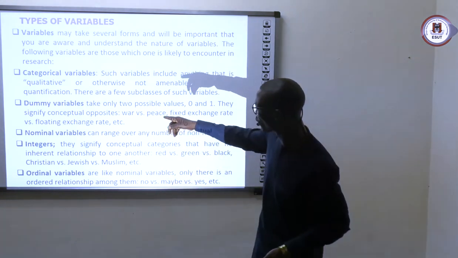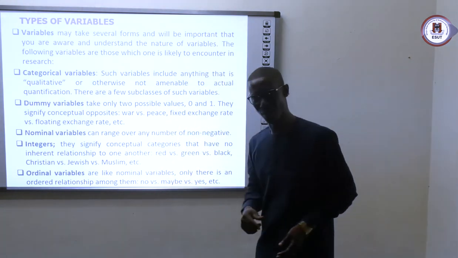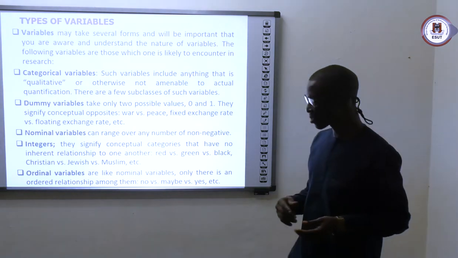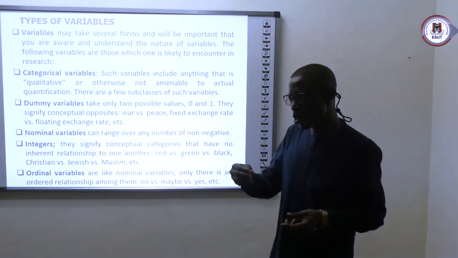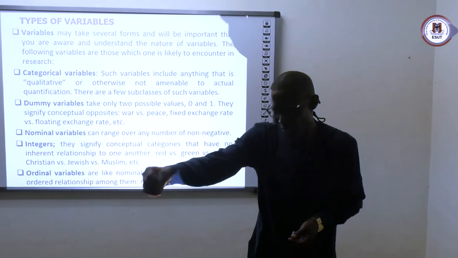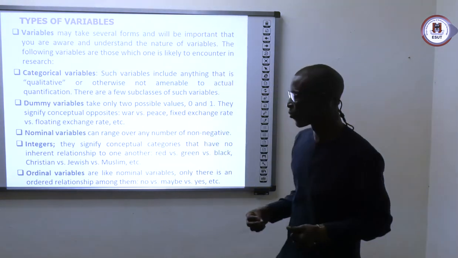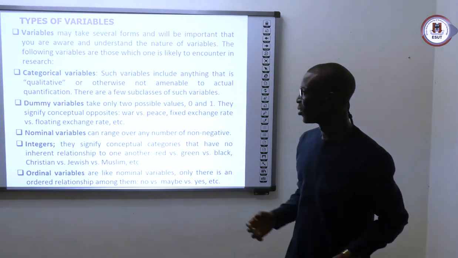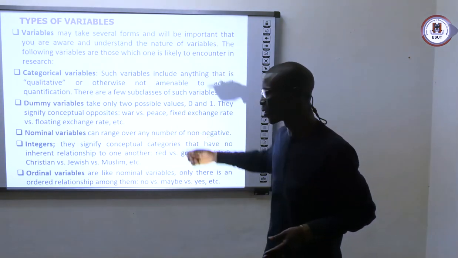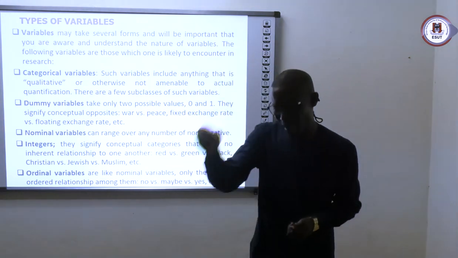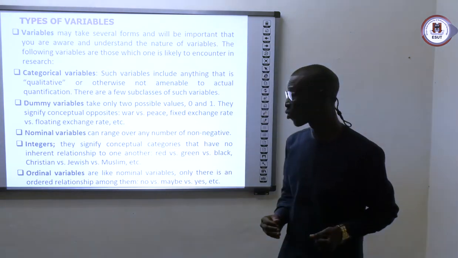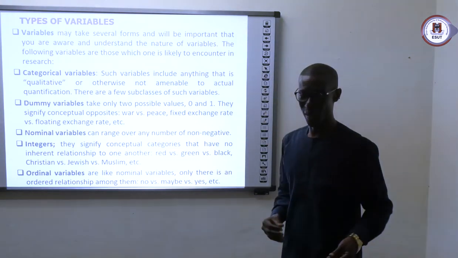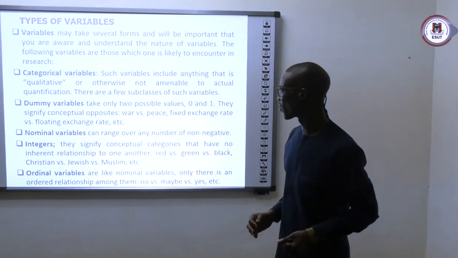If we go down to the next one, the dummy variable. A dummy variable is a situation where you want to turn a categorical variable into a quantitative one. For instance, take gender, male or female. To apply a dummy variable, you assign a numerical value to represent male and another numerical value to represent female.